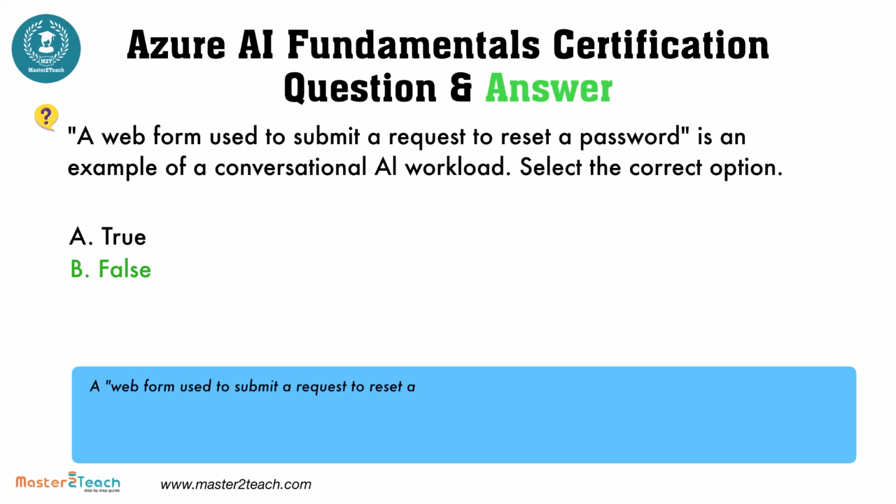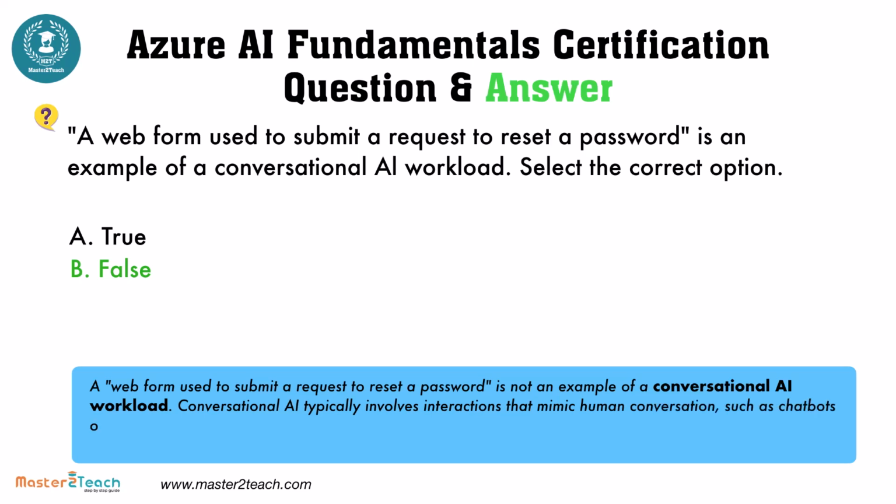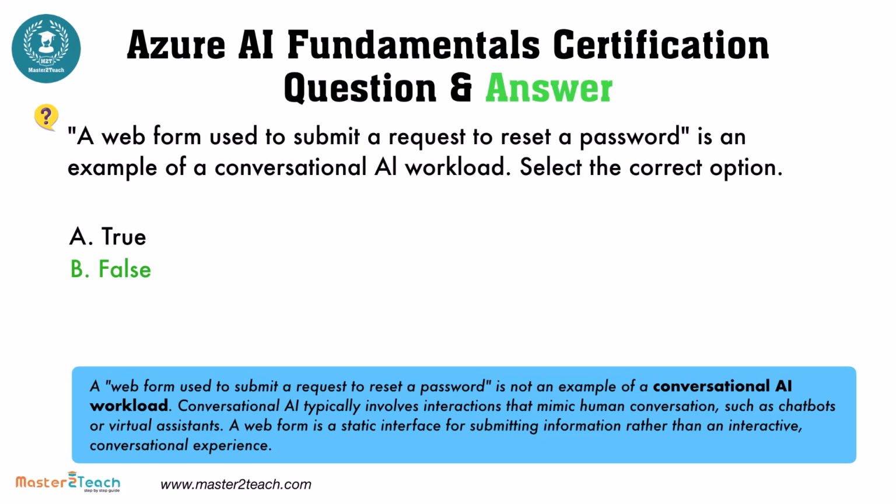A web form used to submit a request to reset a password is not an example of a conversational AI workload. Conversational AI typically involves interactions that mimic human conversation, such as chatbots or virtual assistants. A web form is a static interface for submitting information rather than an interactive, conversational experience.